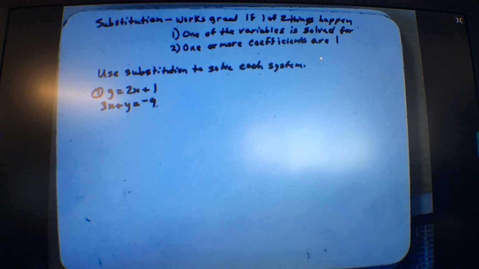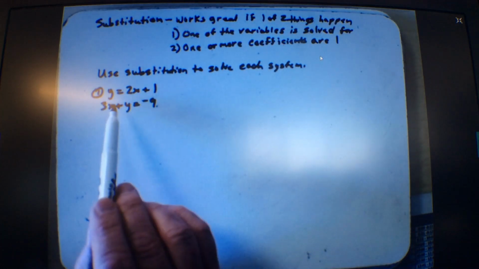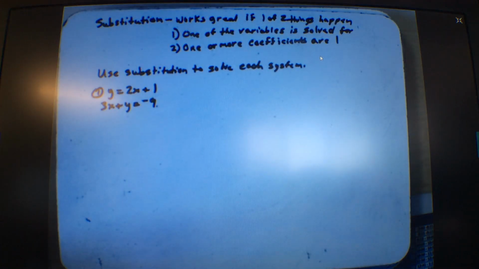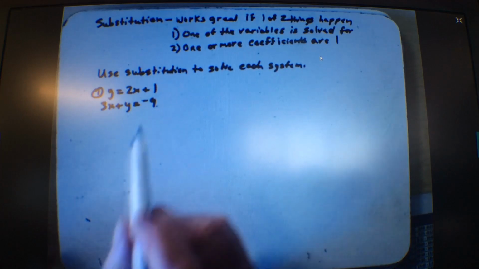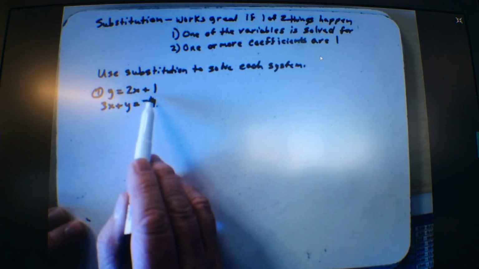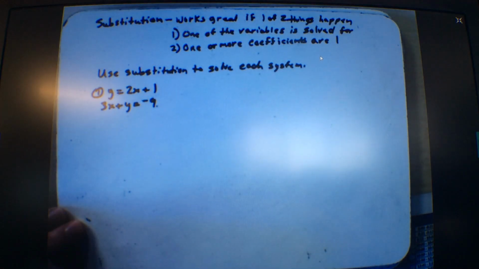All right. Now, taking a look at this, is one of these two things relevant in this question? Tyra says yes. Which one? The first one. Yes. One of the variables is solved for. See, y equals 2x plus 1. Do you see that? We have it solved for. Braxton, do you see that?